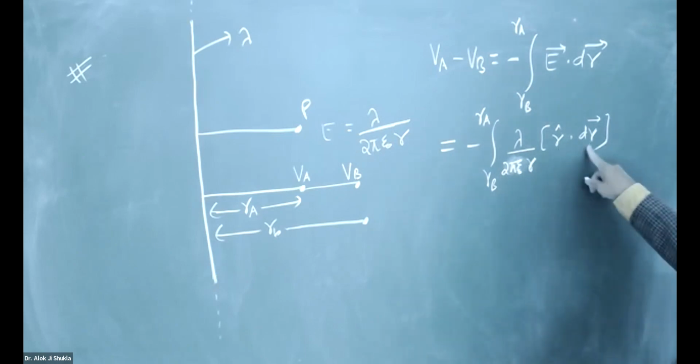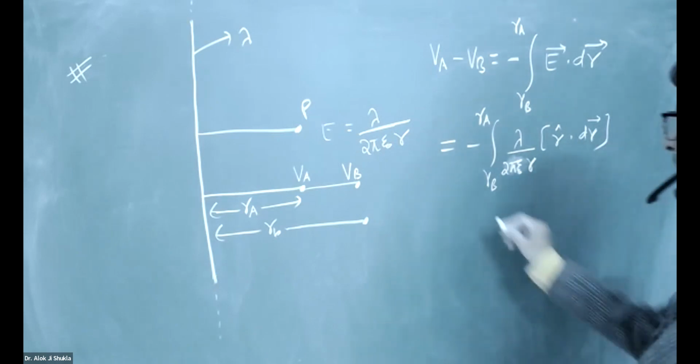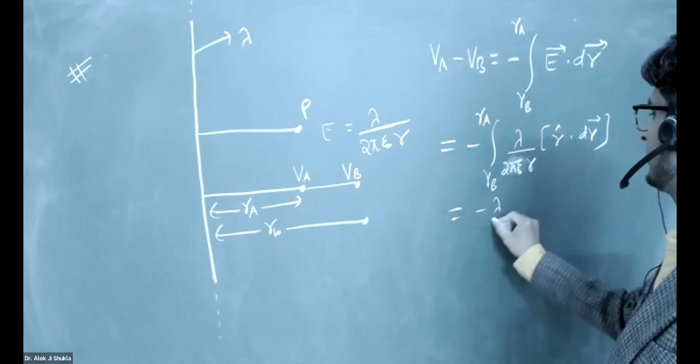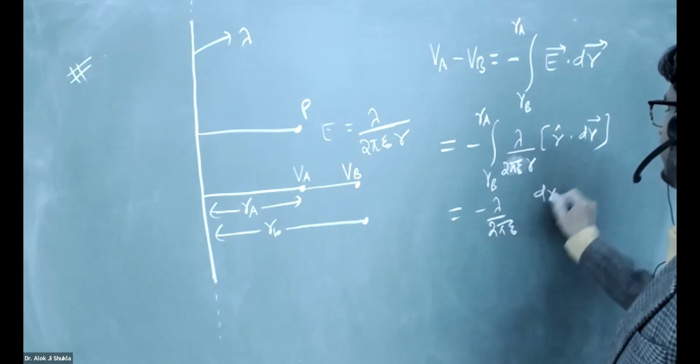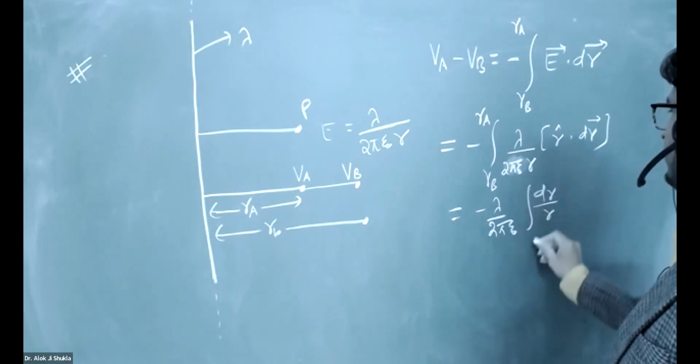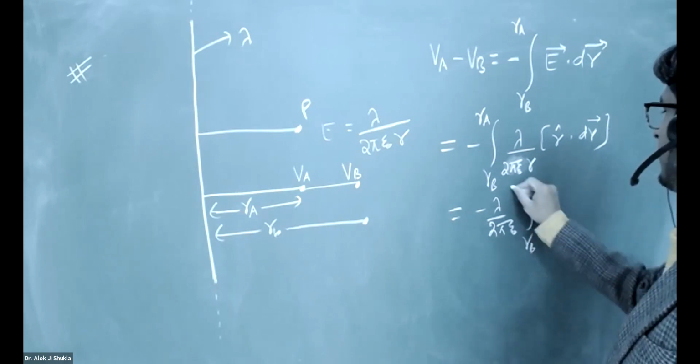So इन दोनों का dot product dr ही हो जाएगा because they are in same direction. So it will become minus lambda by 2 pi epsilon naught and dr by r integral rb to ra.